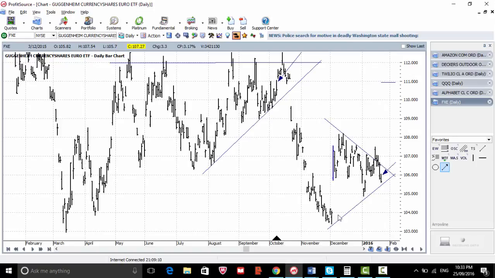Now, we don't know which way it's going to break out. We need to wait for either two closes above the lower highs or two closes below the higher lows. So either we're going to have a breakout to the upside or a breakout to the downside. So we do the same thing here.